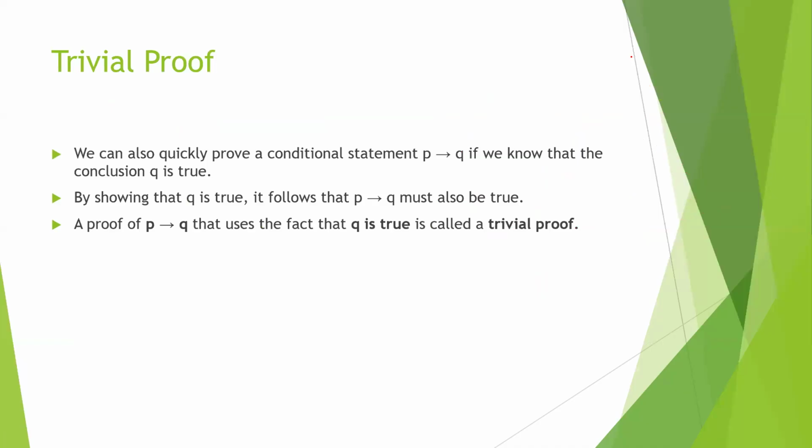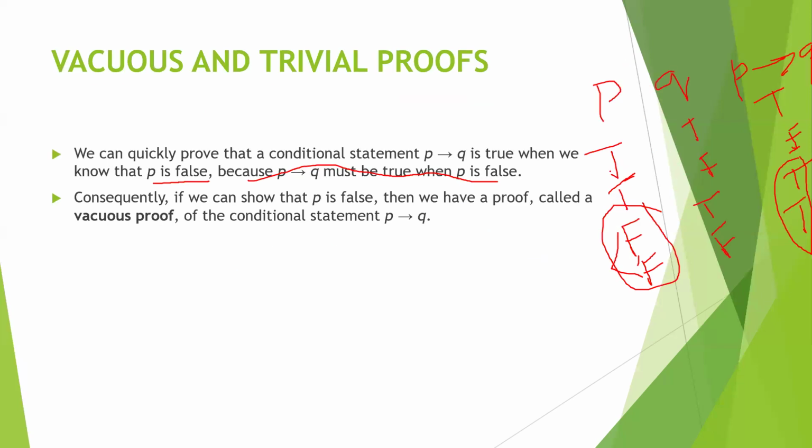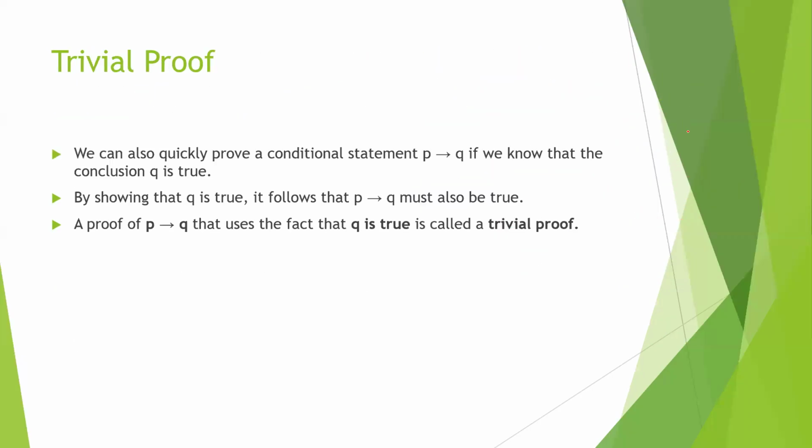The next one is the trivial proof. We can quickly prove a conditional statement P implies Q if we know that the conclusion Q is true. If Q is true, then P implies Q will also be true.